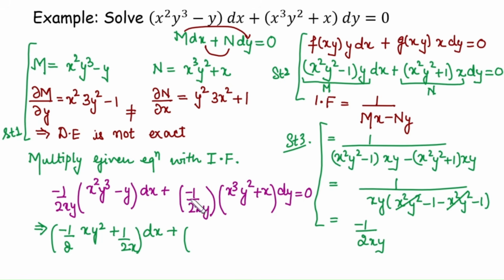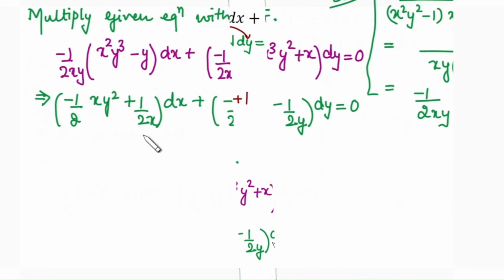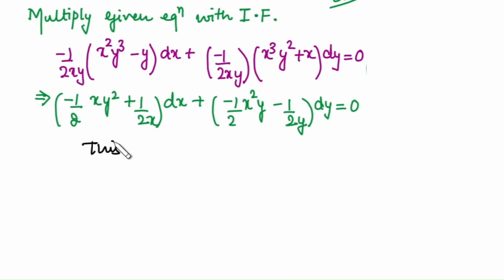Next term is minus 1 by 2. 1 x gets cancelled with x, y with y. It becomes x square y minus 1 by 2. X's get cancelled with x. We will get 1 by y here into dy is equal to 0. Now this equation is exact.